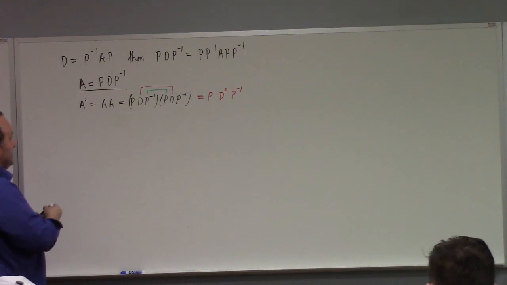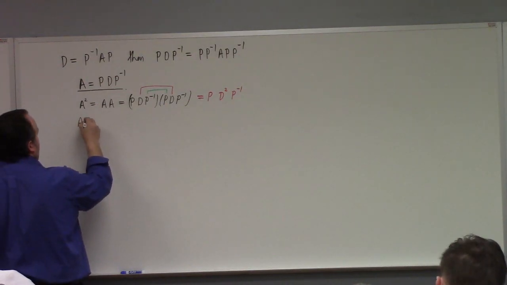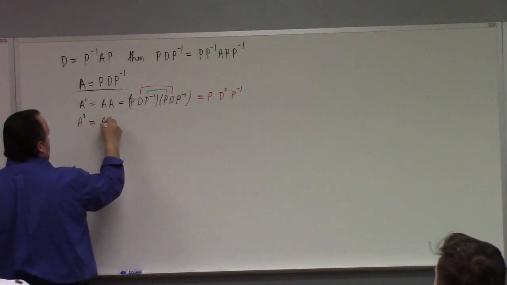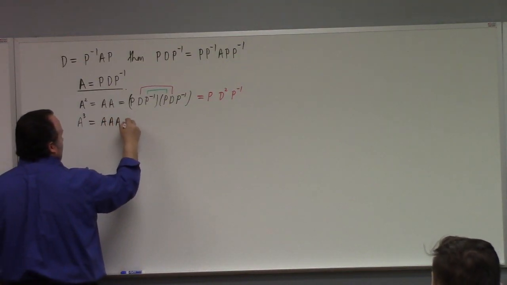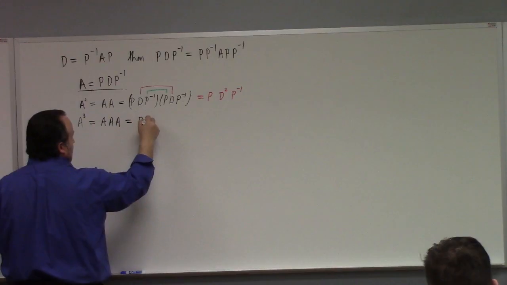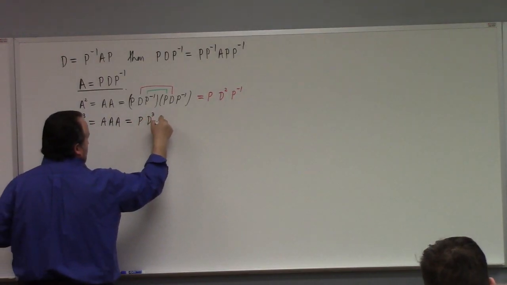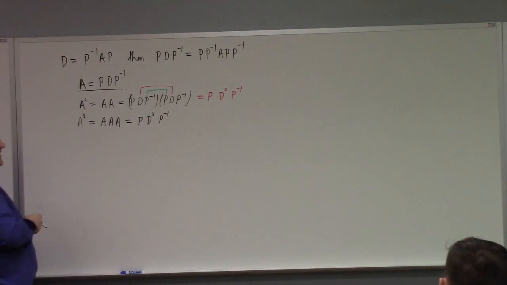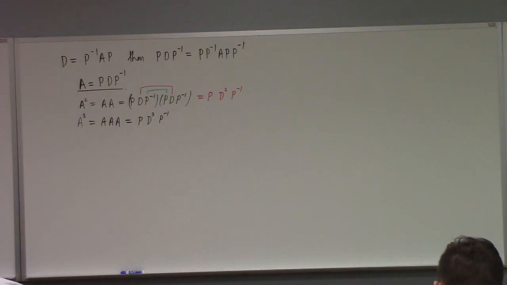What if I had A cubed? I end up with P D cubed P inverse, because the same calculation goes with two copies of P inverse and P in the middle, squashing to the identity.